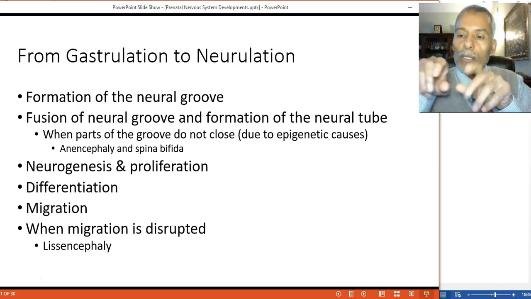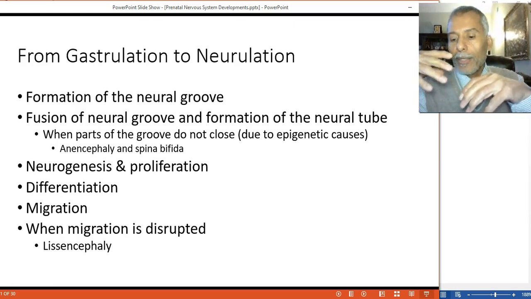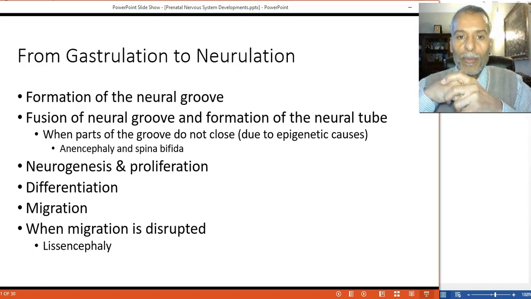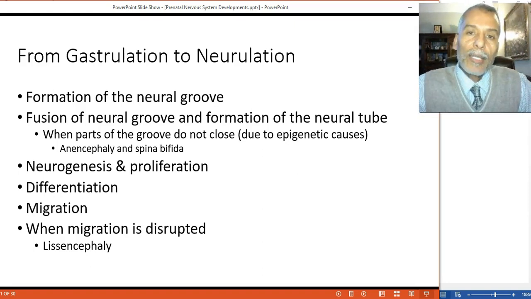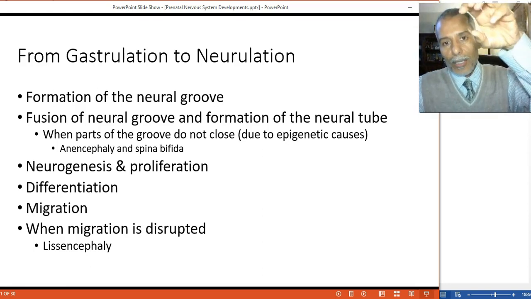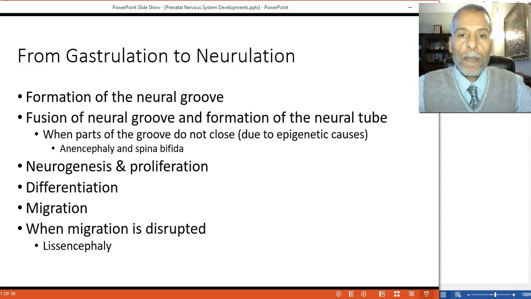And they make clusters and they just sit there. In one way, they disrupt the normal function of the white matter, because they are taking space that they are not supposed to take. And in another way, they are depriving the site where they are needed. That site doesn't have them.